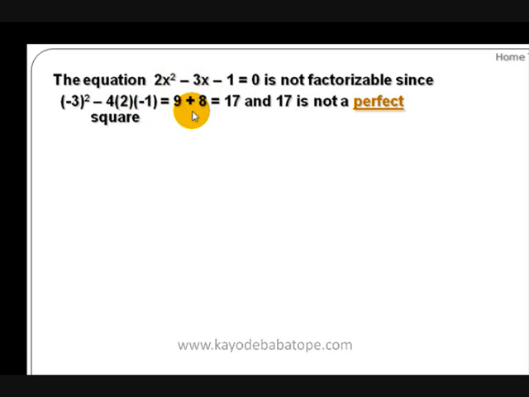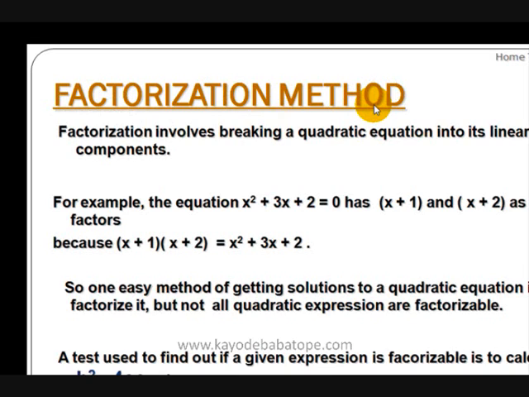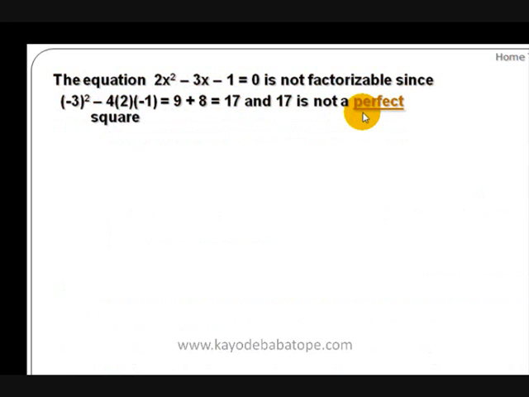That gives us 9 plus 8, which equals 17. 17 is not a perfect square because the square root of 17 is not an integer. It is a real number, that is, a number with a decimal part. Therefore, this quadratic equation cannot be solved using the factorization method.